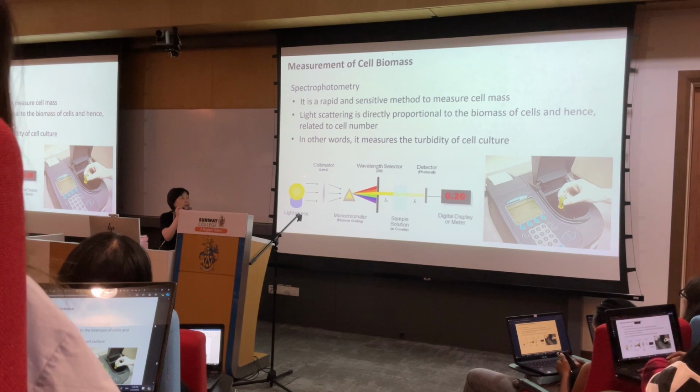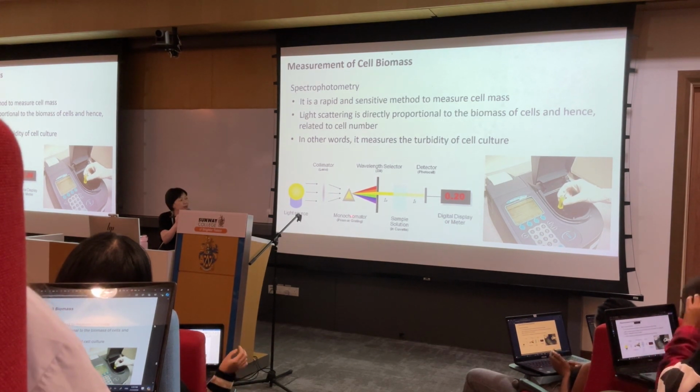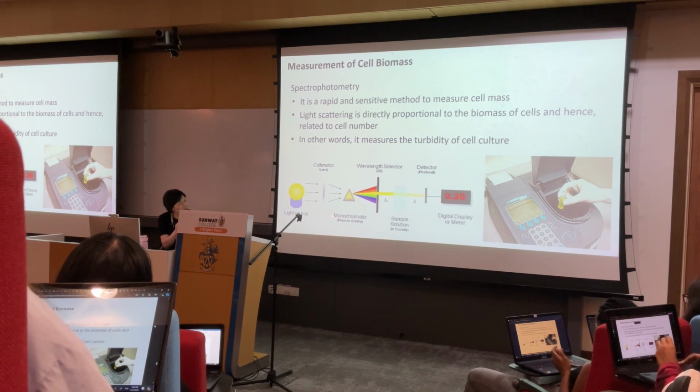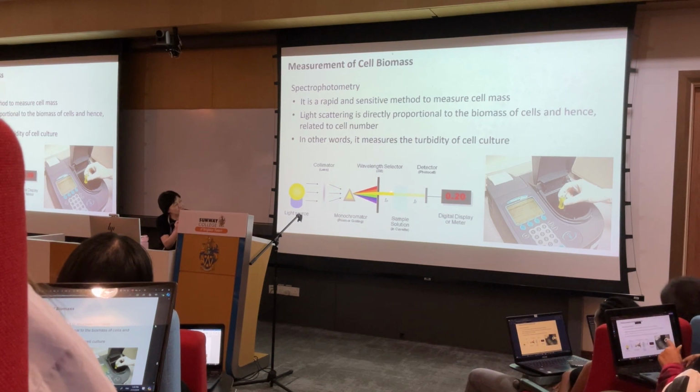The principle, in simple terms, is that you have a prism and monochromator, and they concentrate the light into that. So your sample is put behind it. So this is your sample with the culture.